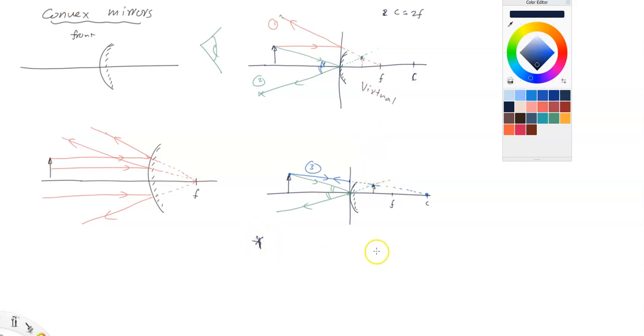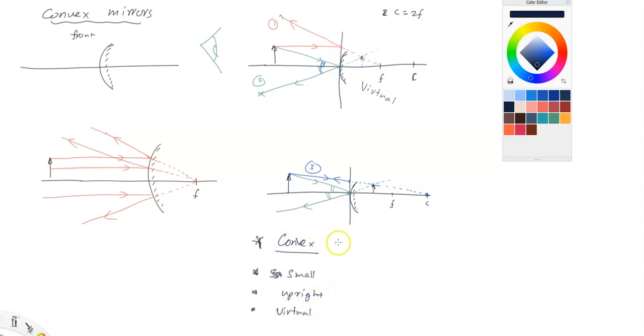Something very important to remember for convex: images are always small, always upright, always virtual.